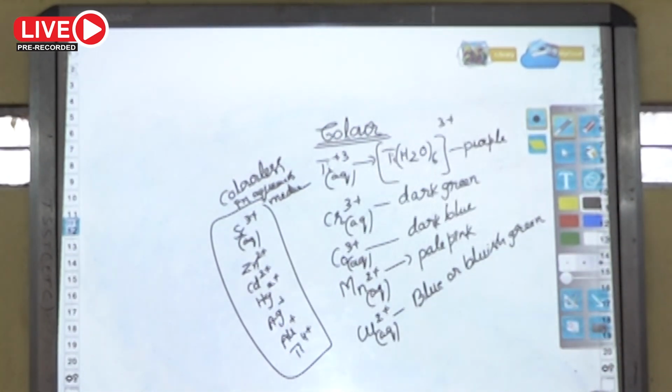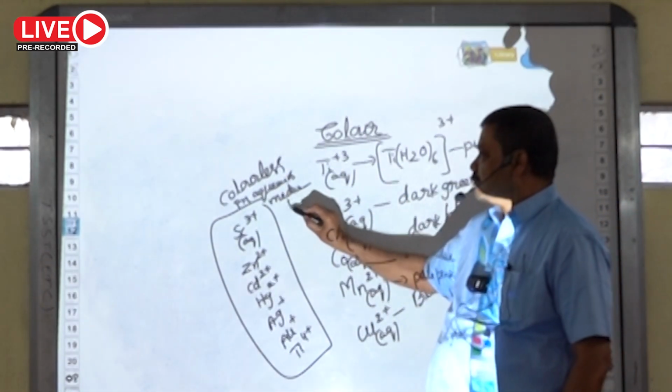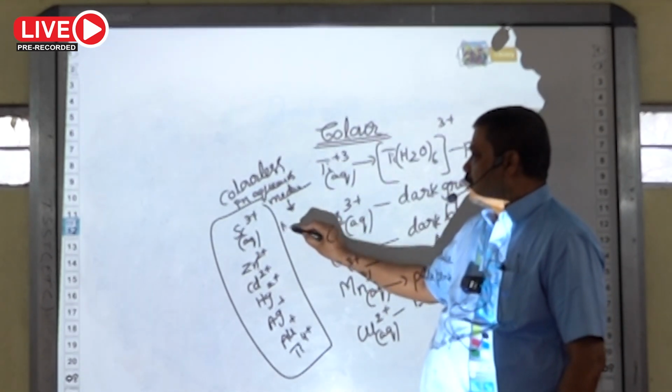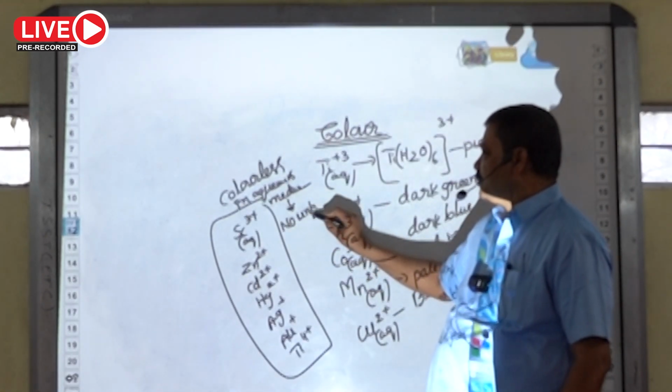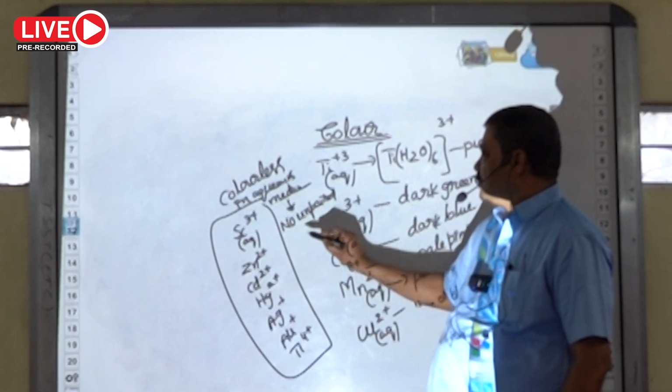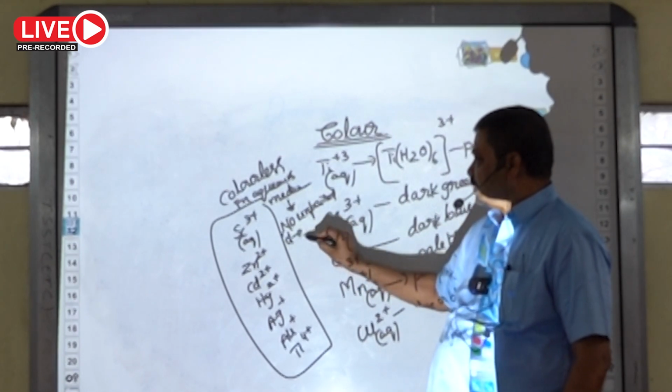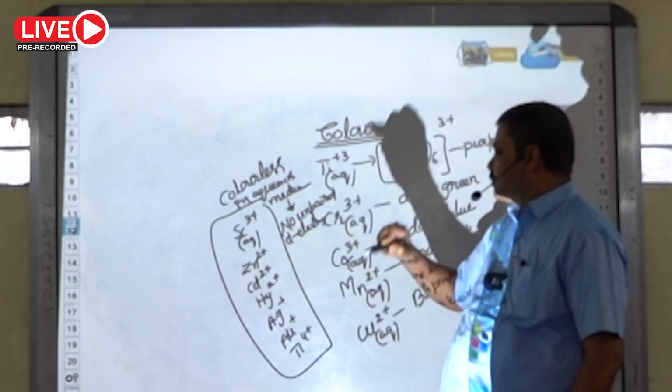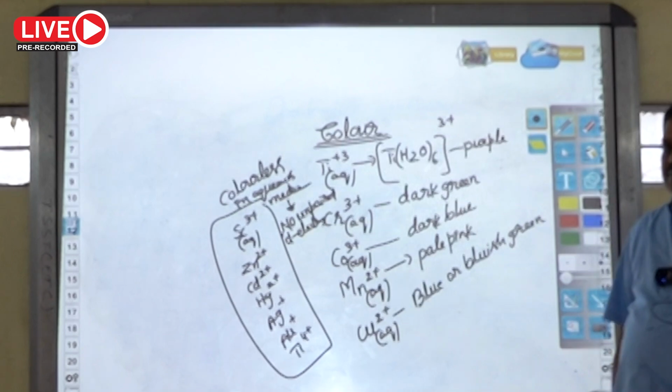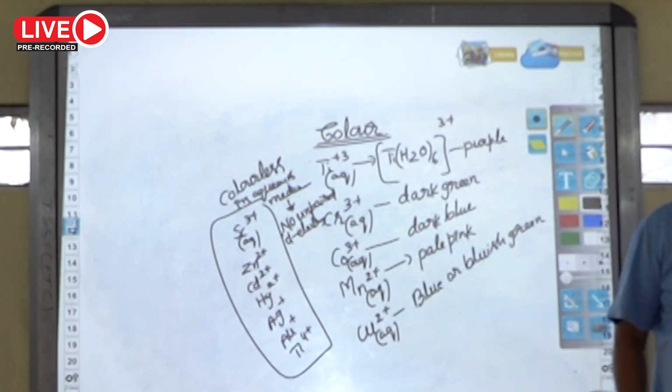Reason: due to the absence of unpaired d electrons. There are no unpaired d electrons.